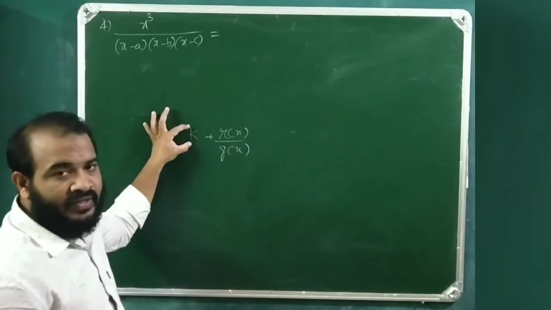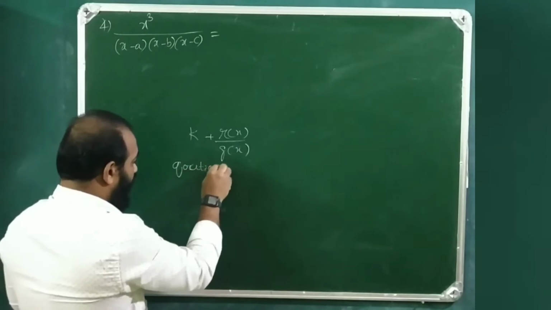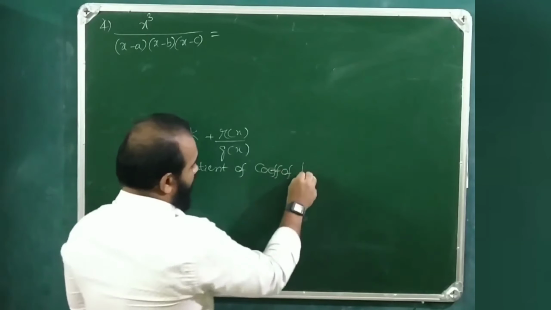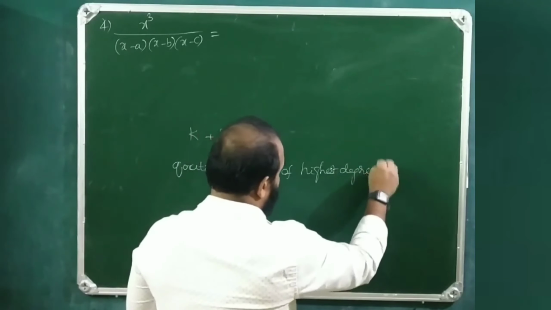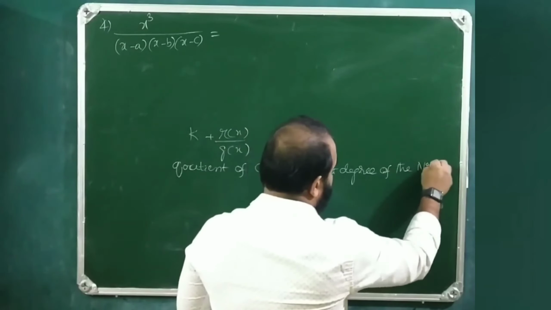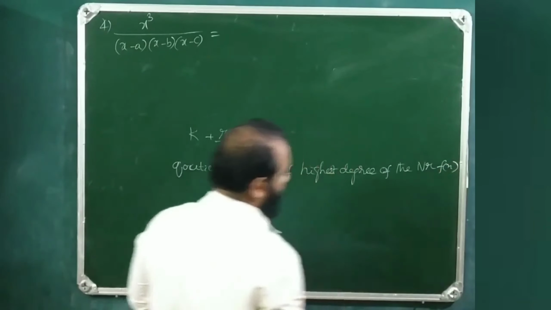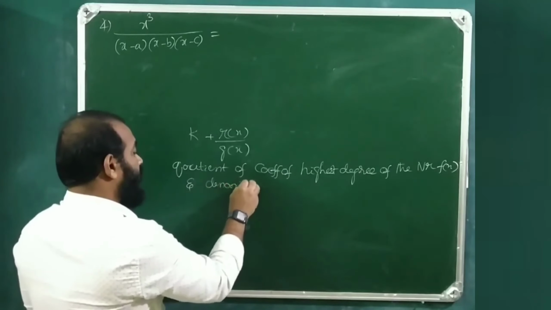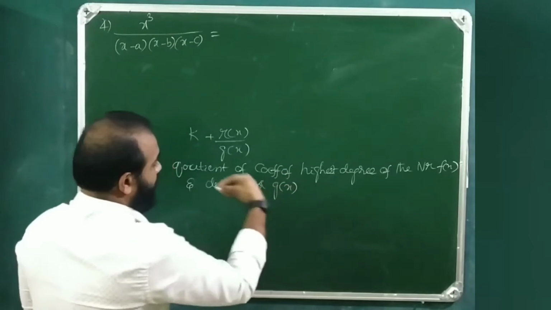So what is k? K is nothing but the quotient of the coefficient of the highest degree of the numerator, which is f of x, and denominator g of x.